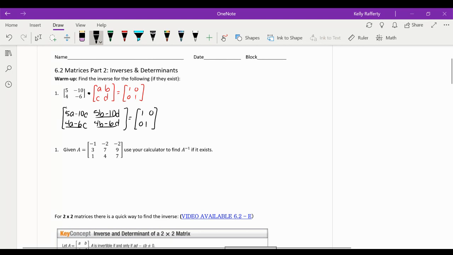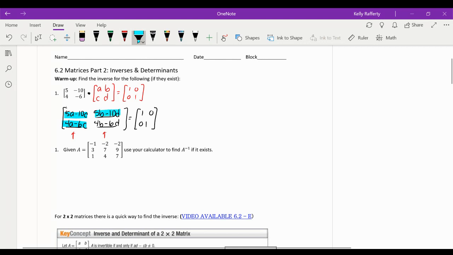All right, so kind of long story short, if we look at both of these columns, we have two little systems of equations: 5a minus 10c, 4a minus 6c.